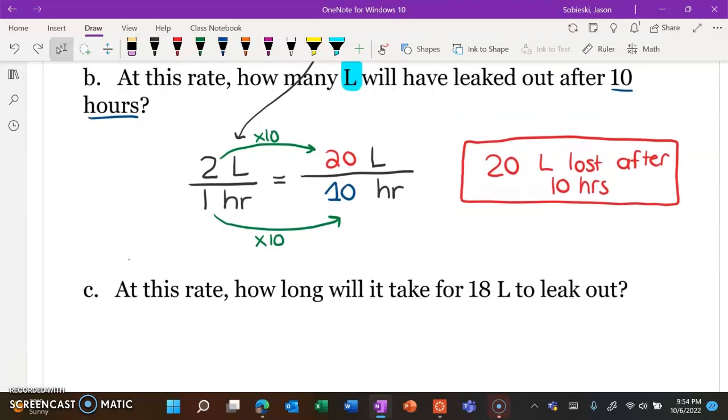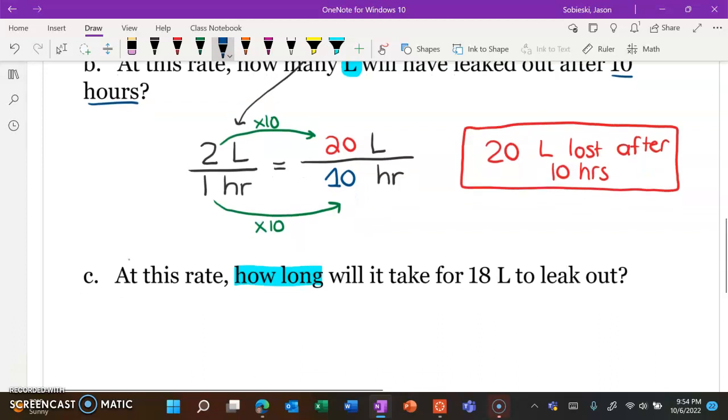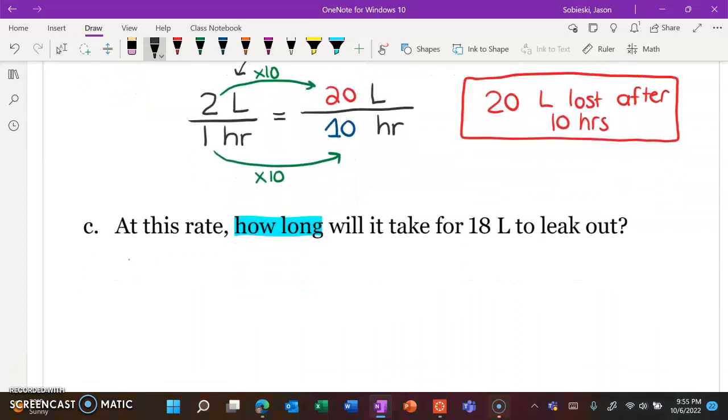All right, finally, part C, to wrap up the video. It says, at this rate, how long will it take for 18 liters to leak out? So in this case, we don't know the amount of time. It says how long. So we're trying to solve for the amount of hours. We know the amount of liters. So we are not going to set our proportion up the same way. We're going to set it up with hours in the numerator, because that's what we're solving for, meaning liters will go in the denominator.